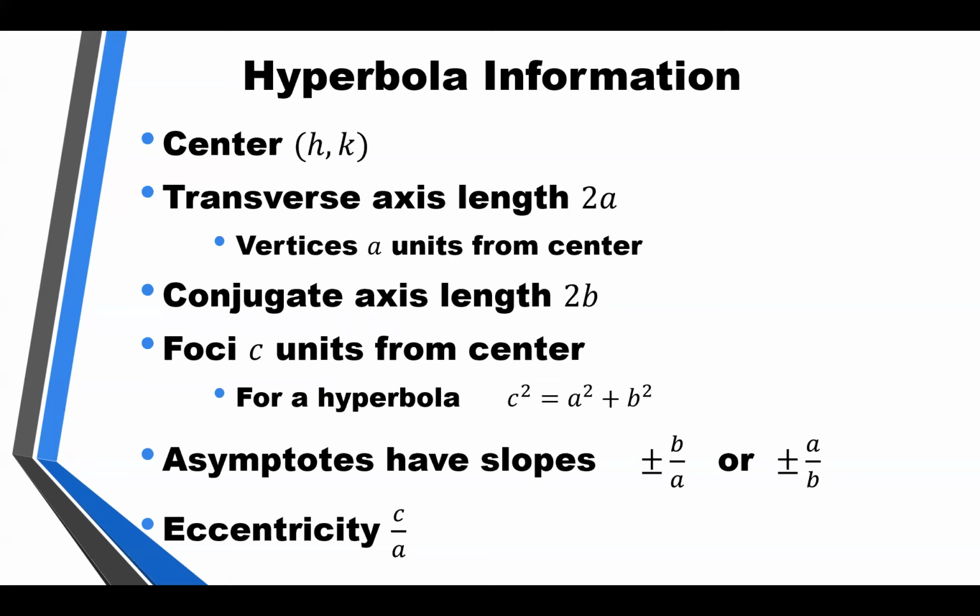So conjugate doesn't touch any points. Transverse goes from vertex to vertex. There are going to be two foci, which are c units from the center, and they're going to be just on or beyond the transverse axis. They're going to be moving in the transverse direction.